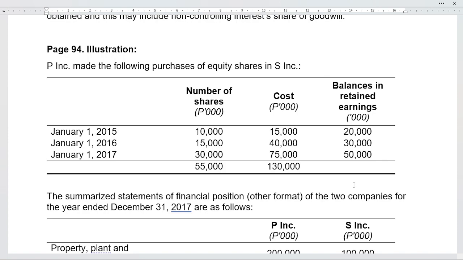So, mas malinaw na analysis yon kaysa sa analysis na nakikita mo sa libro, no? Okay. So, minsan, practice kayo kung nasundan niyo yung aking sinabi. Nandyan lahat ang mga numero, no? Nakukuha mo yung 142,500. Kasi magtatanong kayo, Sir, paano nakuha yung 142,500?